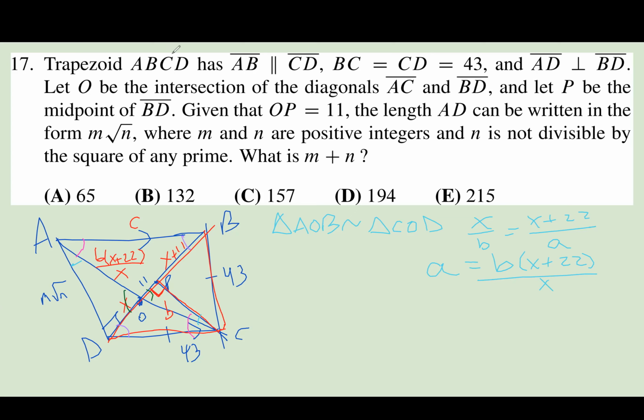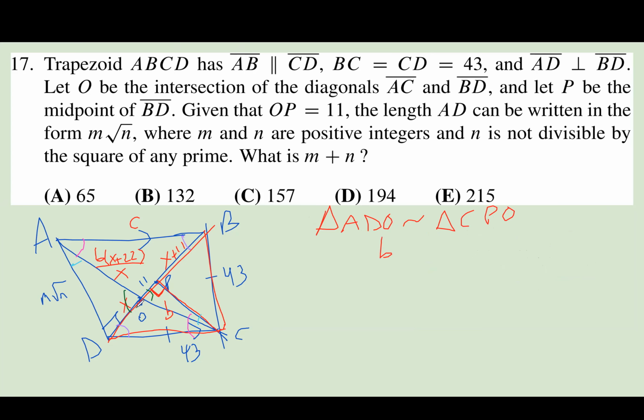Okay, so now I'm going to erase this again so I have a little more room here. So now, from the similarity of triangle ADO, this right triangle here, and CPO. So triangle ADO is similar to triangle CPO because of the angle.